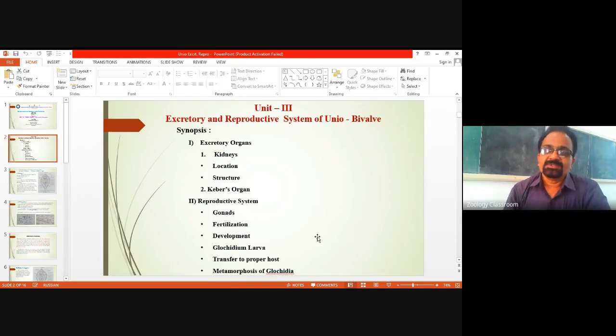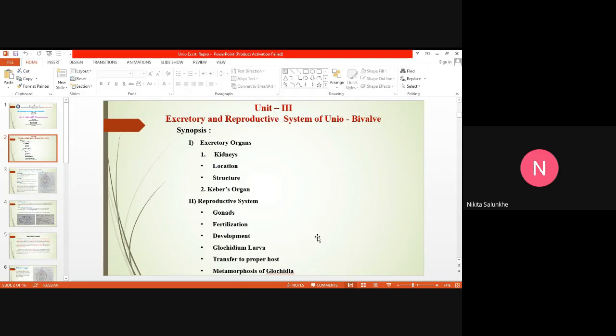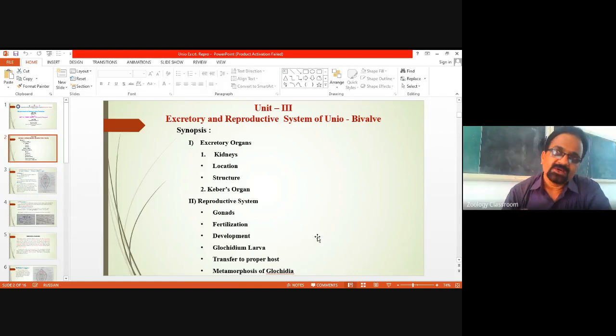The water enters into the gill lamina through tiny apertures. What are these apertures called? These are called ostia.